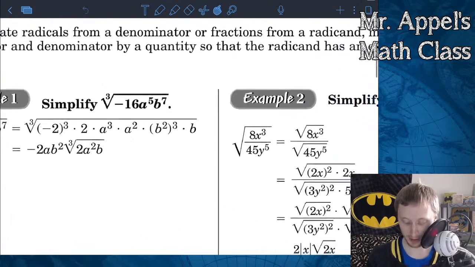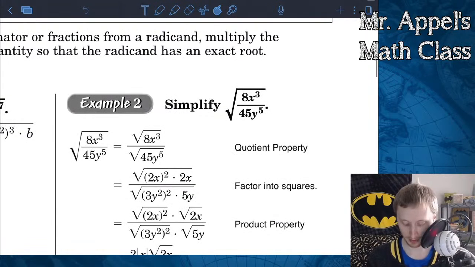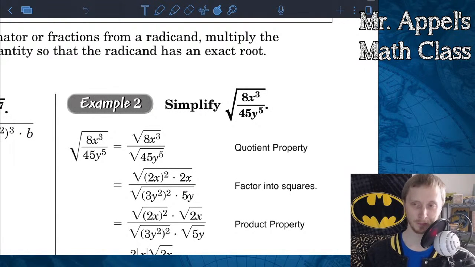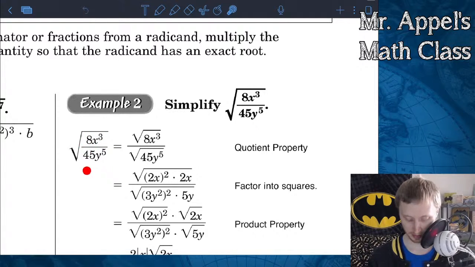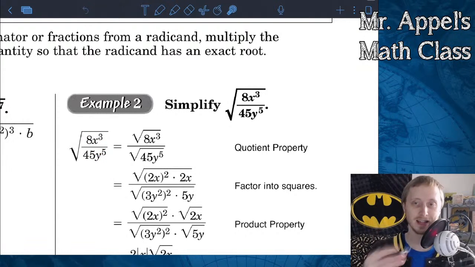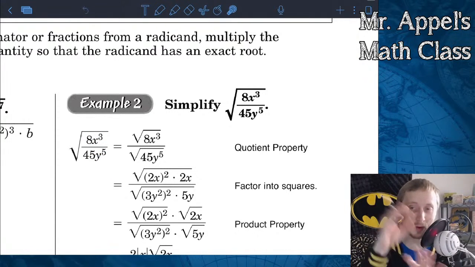And then for division, the quotient property. You're basically turning this into one big divide. Ooh, okay, well, I can't simplify this fraction inside here. 8 over 45 does not reduce down.